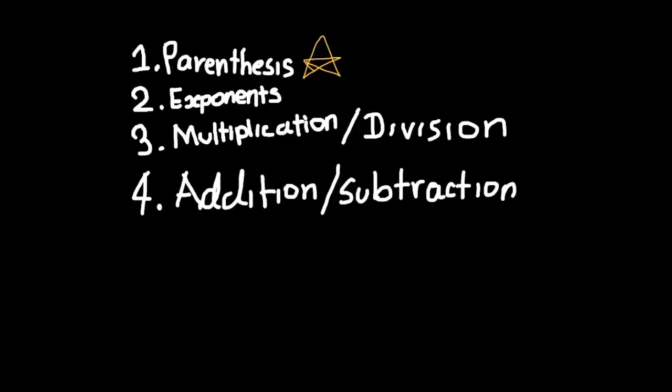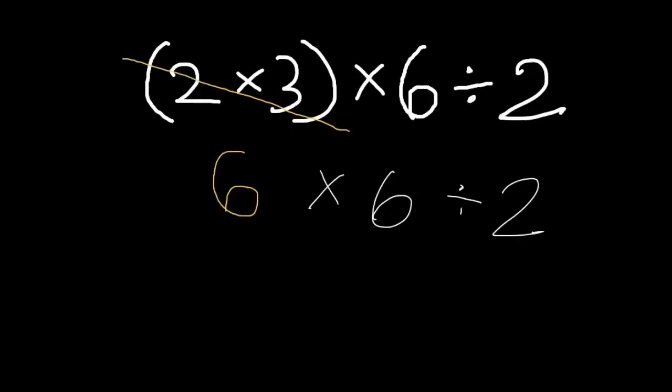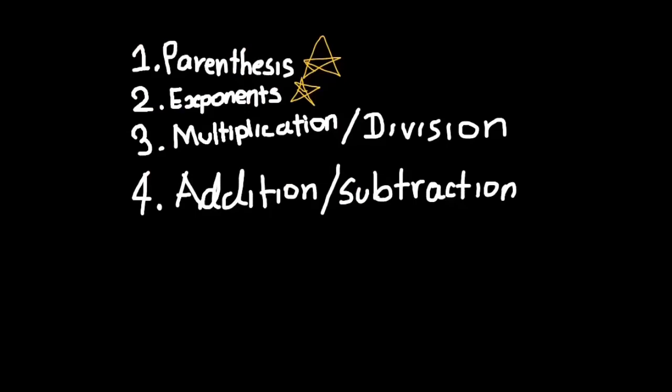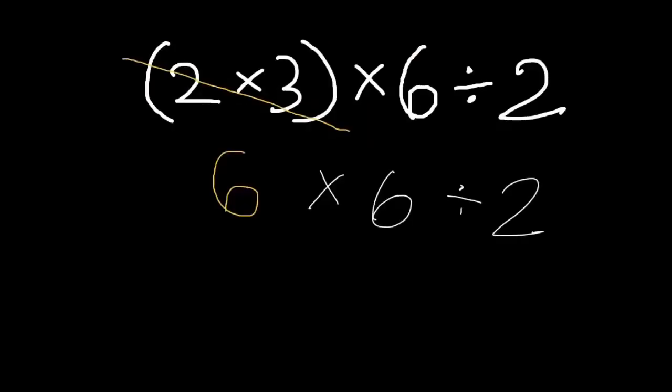Next, let's check for exponents. Well, we don't have any exponents in here, so I'll leave that out. We already tried the brackets, and if we had another pair of brackets, I would be more than happy to do that as well. And now it's time for multiplication and division. Well, we have 2 of them, and we would go from the left to the right.